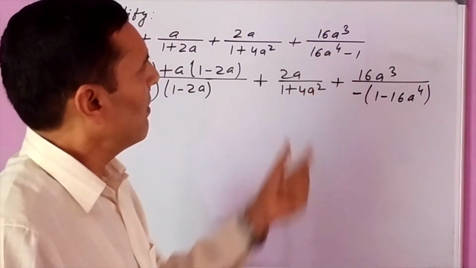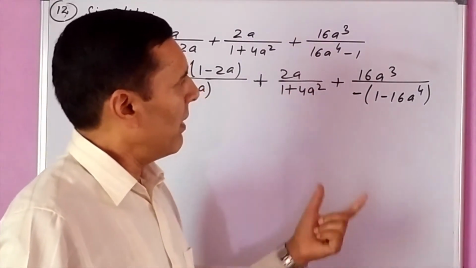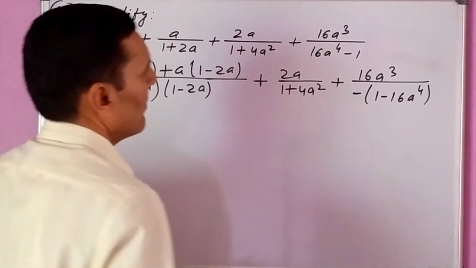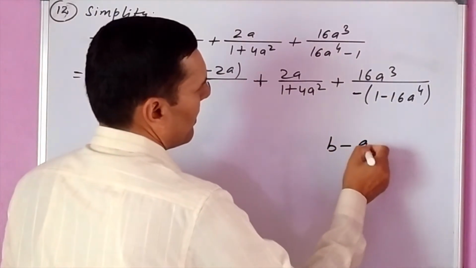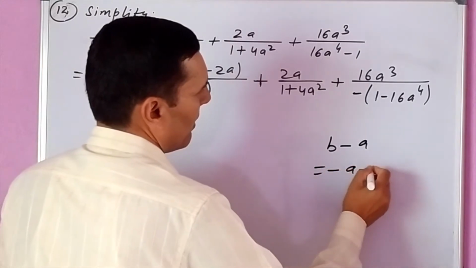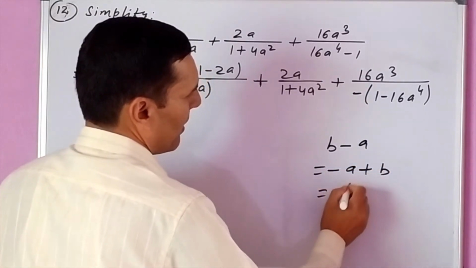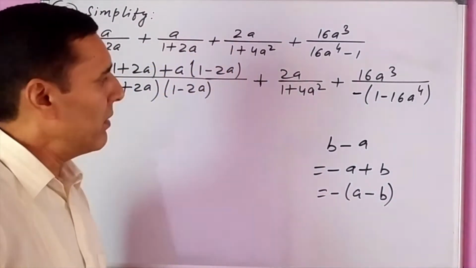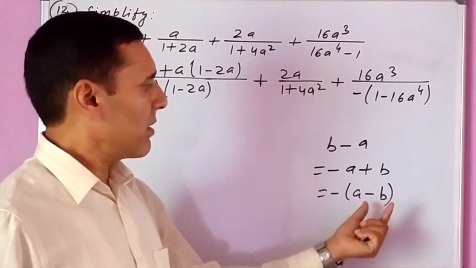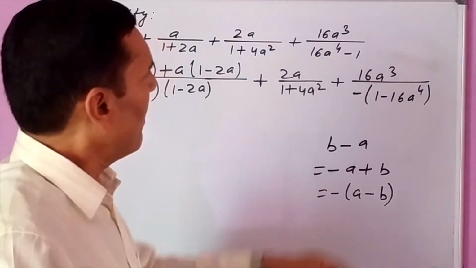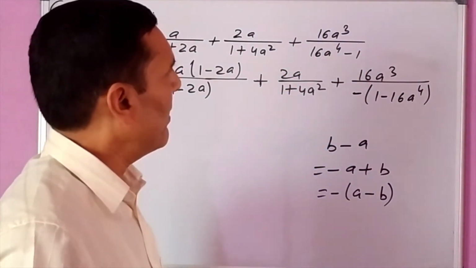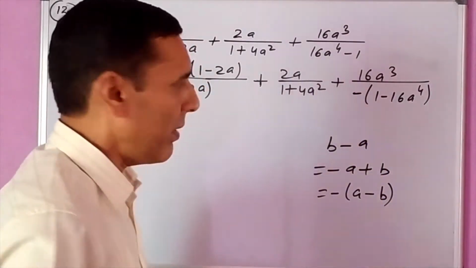So we can arrange the order here by taking the minus sign, because if we have b minus a, that is minus a plus b, if we take minus common, then we will get a minus b in the bracket. So when we have b minus a, taking minus common, we can write a minus b. In the same way, by taking minus sign here, for this 16a power 4 minus 1, I have written 1 minus 16a power 4.